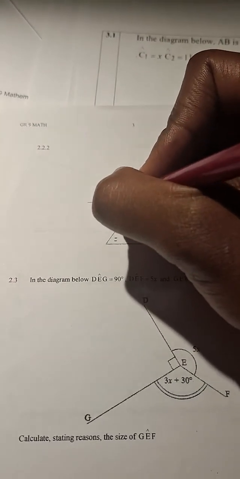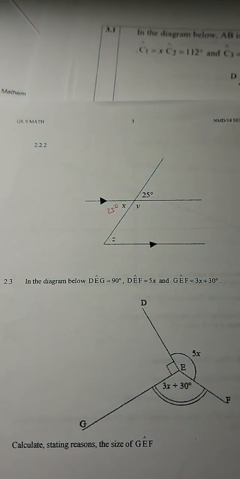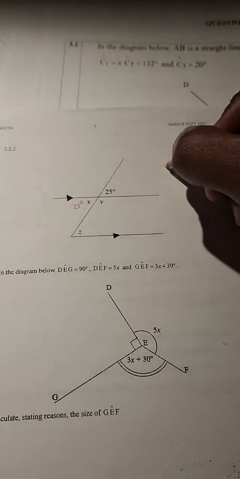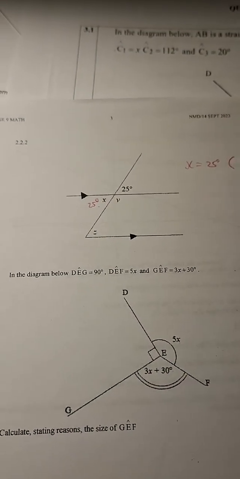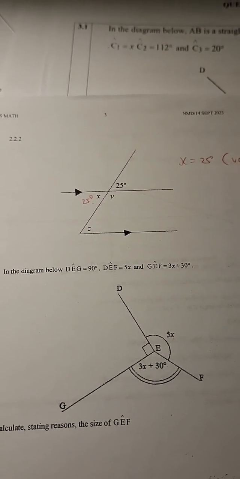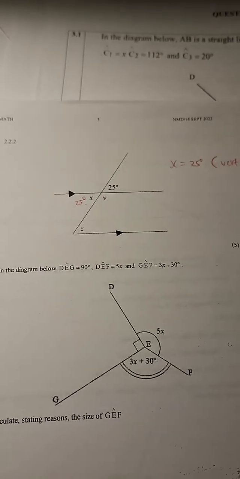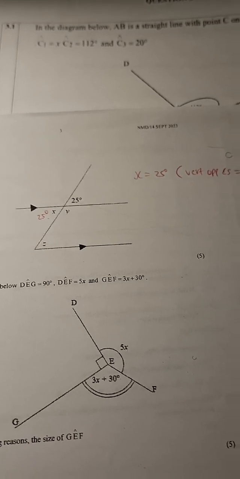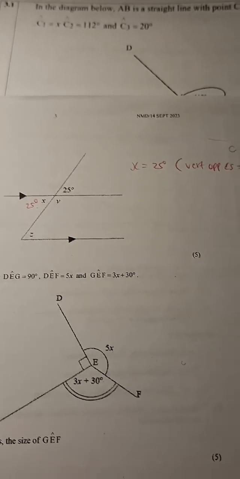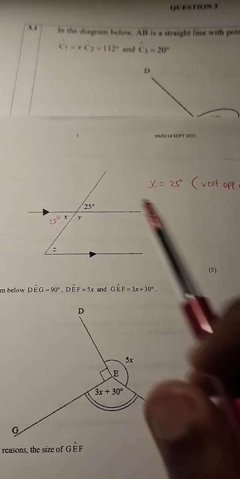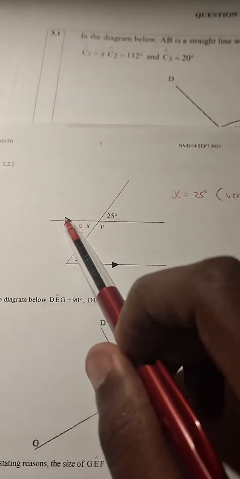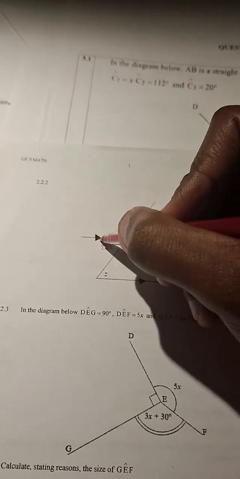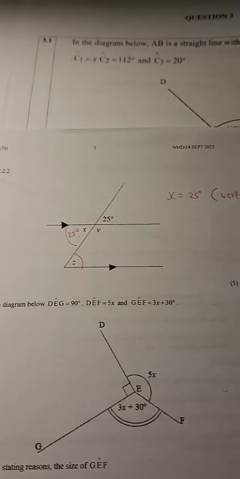Whenever you get your answers, update your diagram, guys. Now you have this angle. You wrote x is 25 degrees. Vert opp angles equal. That's what the acceptable reason document says. Then you can find z. This is your z shape. You have x, this angle and this angle.